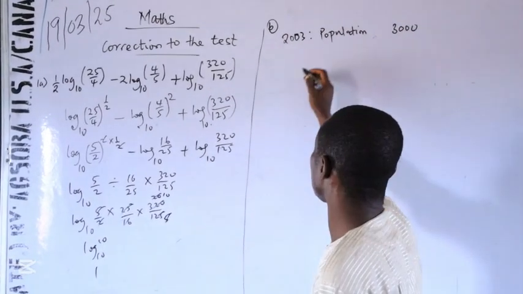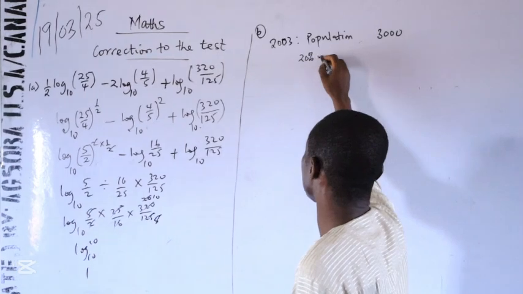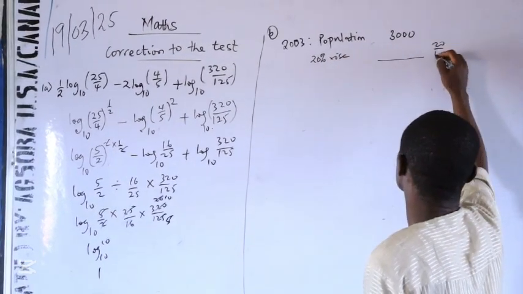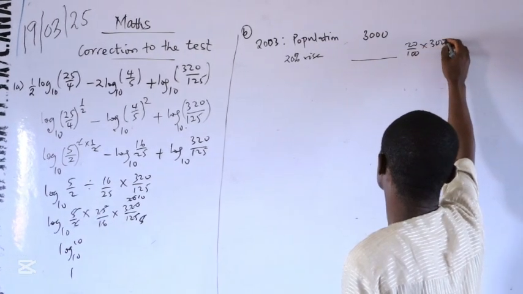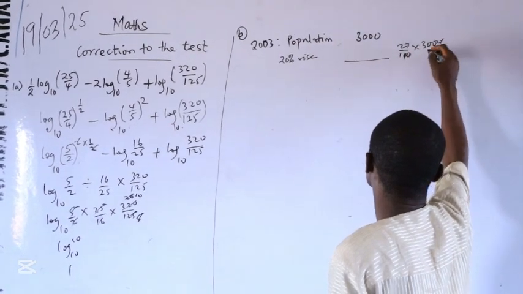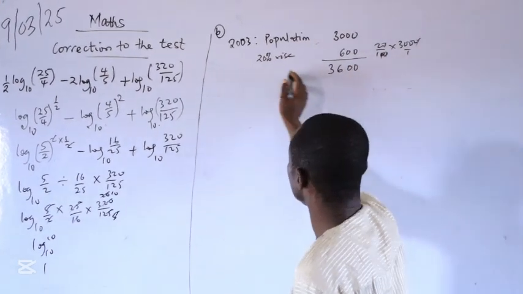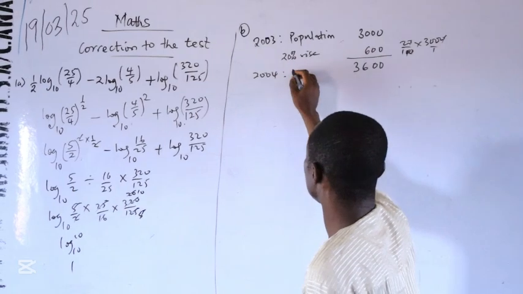Okay? Then 20% rise, because that is increment. 20 over 100 times 3,000 over 1, that's 600. You have 3,600. That is the 2004 population.